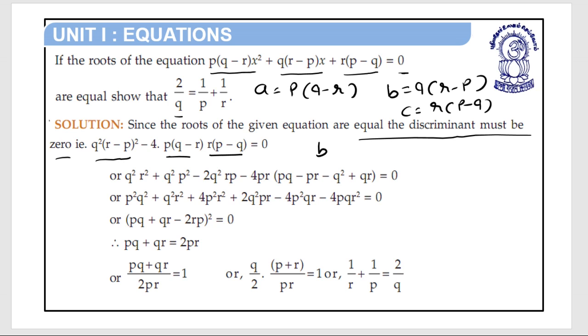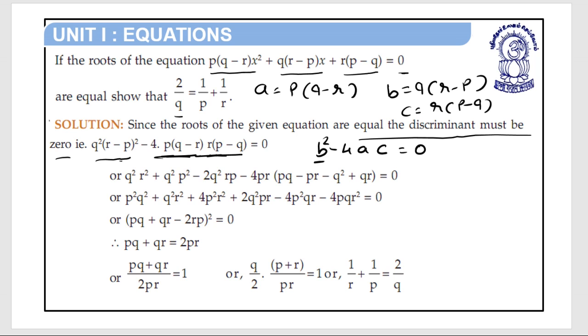Now take b square minus 4ac is equal to 0. So b is q(r minus p) whole square, so q square (r minus p) square minus 4ac is equal to 0. So minus 4 p(q minus r) into r(p minus q) is equal to 0.